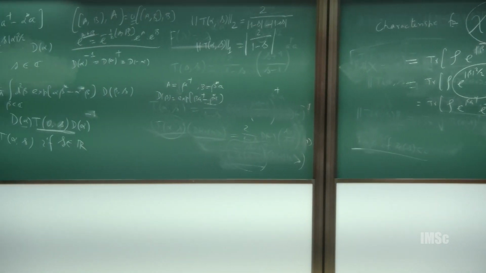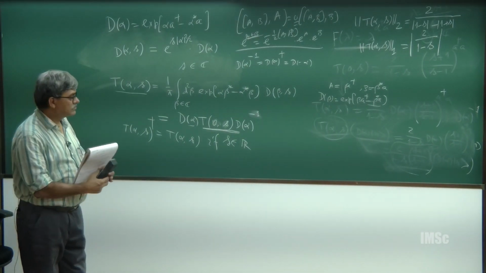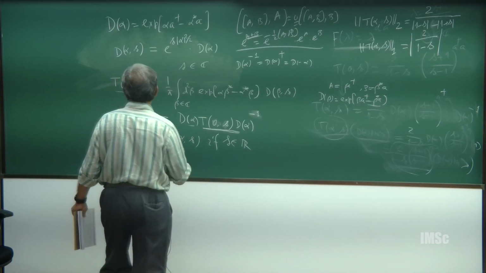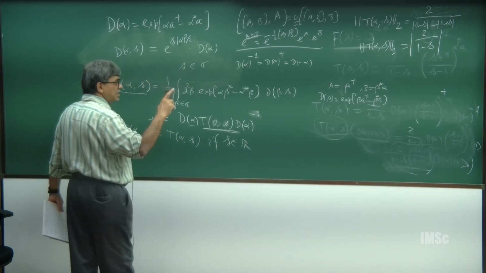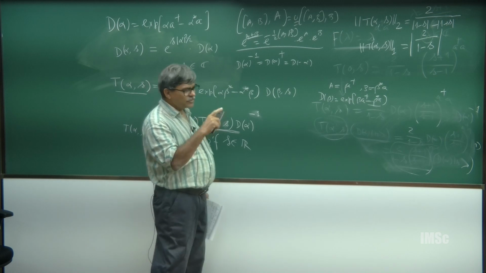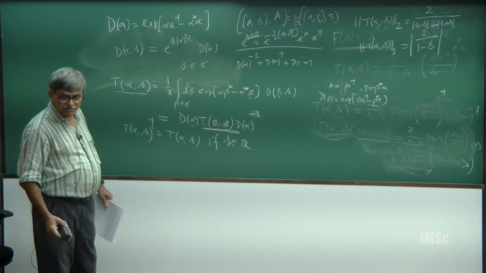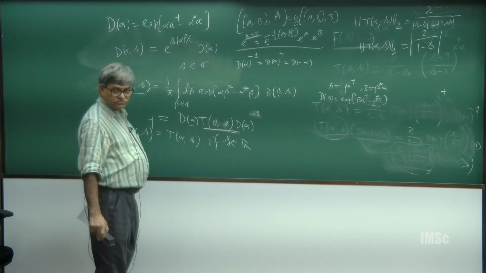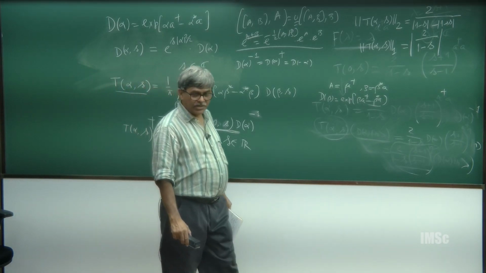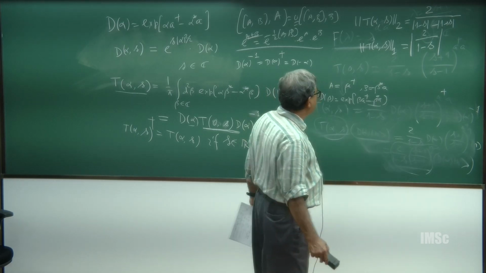So, that is not any extra assumption. But one should be careful about the p distribution, as I said, because most of the time it is singular. And the singularity arises because the Fourier transform does not exist. Exactly, exactly.